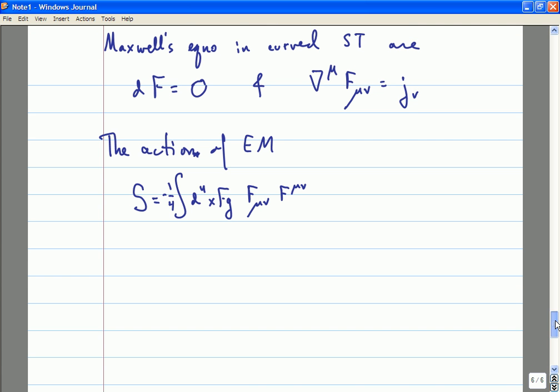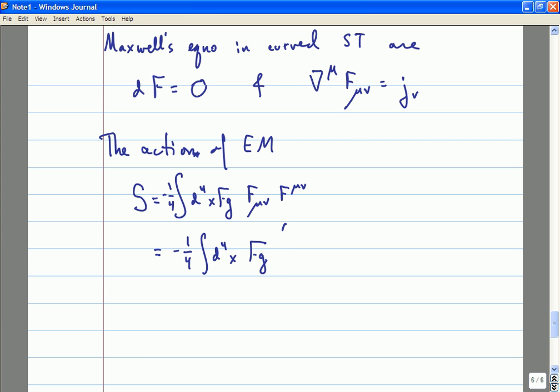So how does this action depend on the metric? Well, we have minus 1/4 integral d^4x, and the metric appears 3 times. First, the action depends on the metric through the square root of minus g out front. But we have also raised 2 indices.